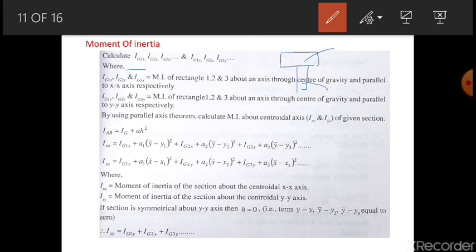Keep this formula in mind. It is the same as the above formula which we have studied. IAB is equal to Ig plus A into h square, where h is y bar, the center of gravity that you have calculated, minus half the distance of the body or object, the whole square.